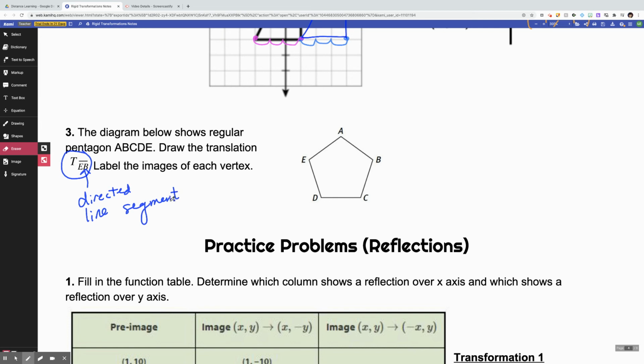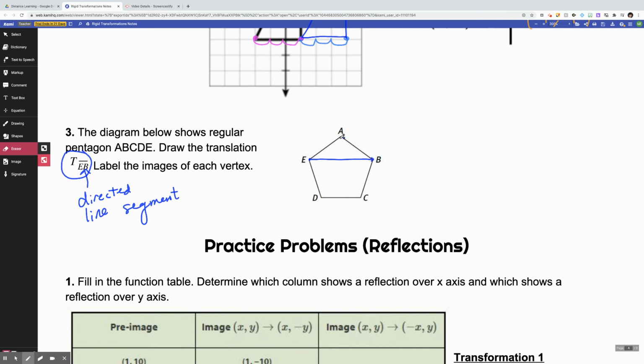It's going to tell you how far to travel and in what direction to travel. So EB is this directed line segment right here.